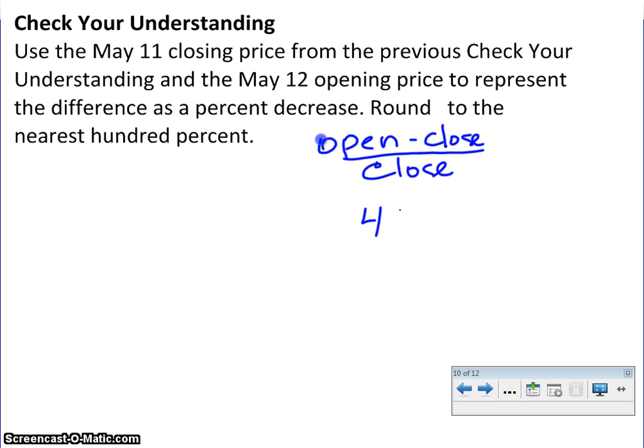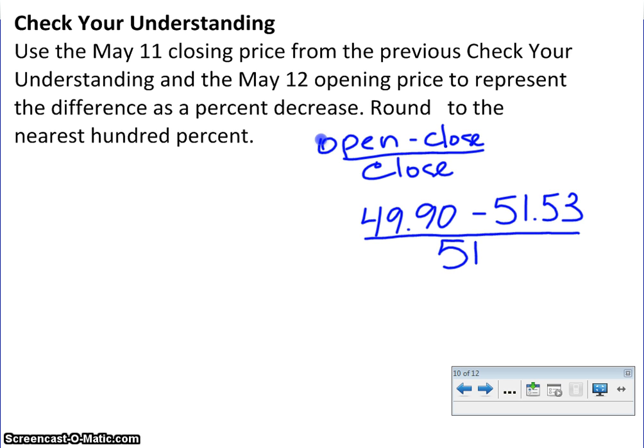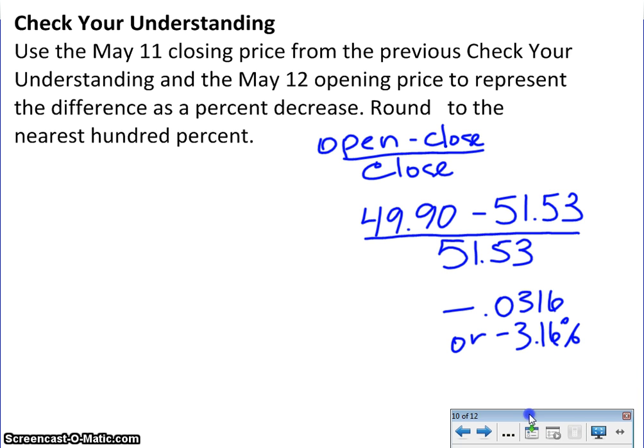So we're looking at that open price of $49.90 minus the closing price of $51.53, all divided by $51.53. And we end up with negative 0.0316, or negative 3.16% loss.